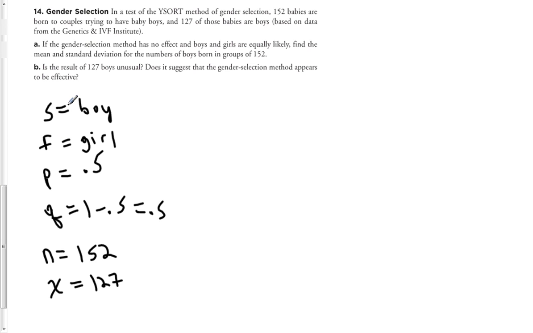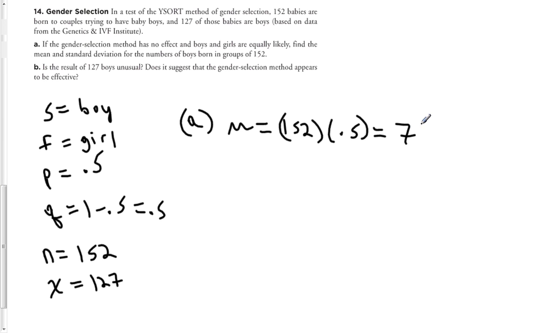Part A says to find the mean and standard deviation for the number of boys born out of the 152. Well, the mean is going to be N times P, which is 152 times 0.5, and we've already calculated this as 76.